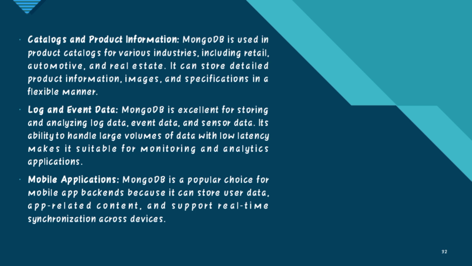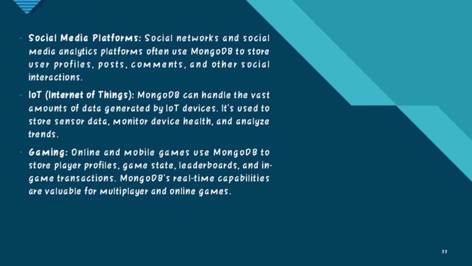Mobile applications. MongoDB is a popular choice for mobile app backends because it can store user data, app related content, and supports real time synchronization across devices. Social media platforms.